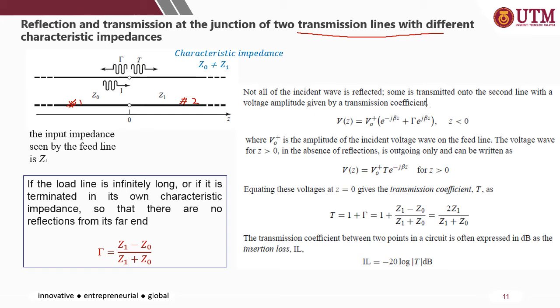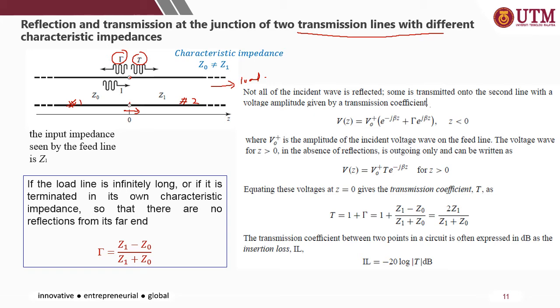At this point, the output from the first line will be fed into the second line. But at the junction there will also be some reflection of the signals, at the joint or within the first transmission line, before it is successfully transmitted into the second line towards the load.